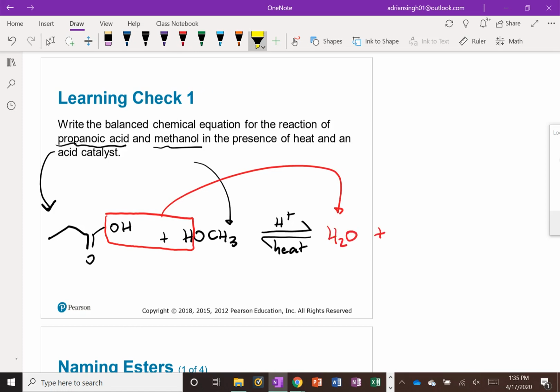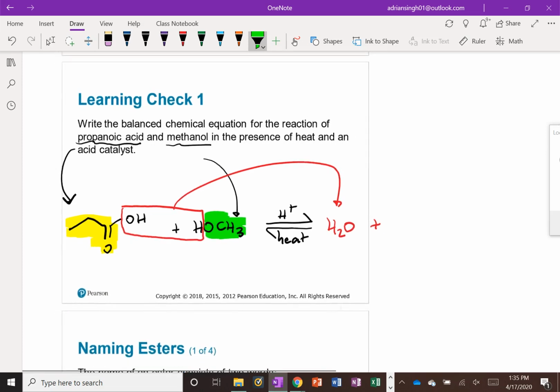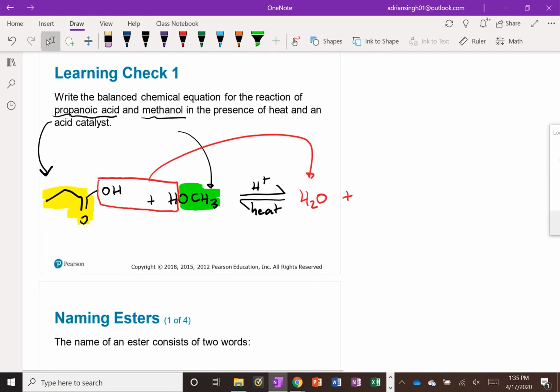And now I'm going to highlight everything in yellow that doesn't change from the acid, and let me do it in a different color, everything in green from the alcohol that doesn't change. And I'm just going to link those together with a bond between the carbonyl carbon. So I'm going to redraw everything that doesn't change.